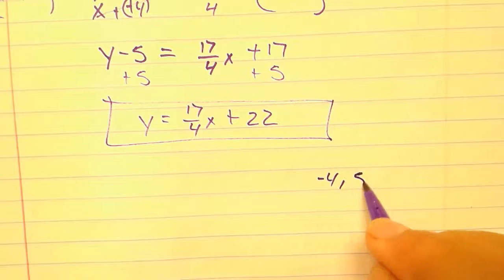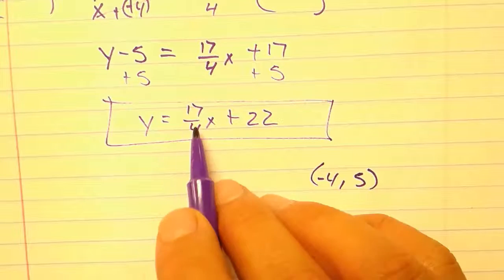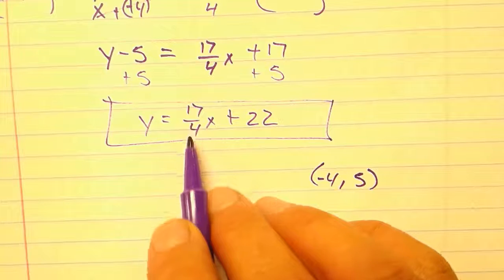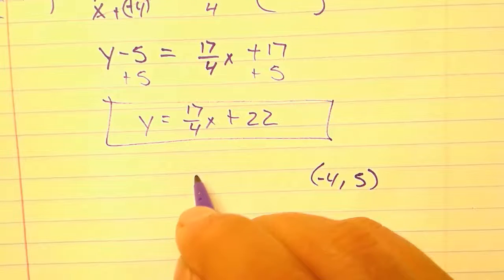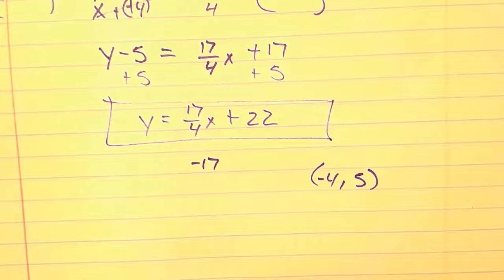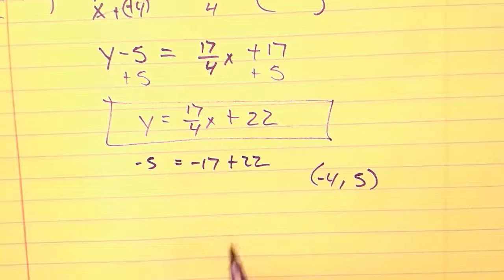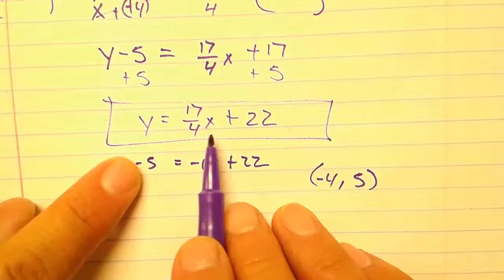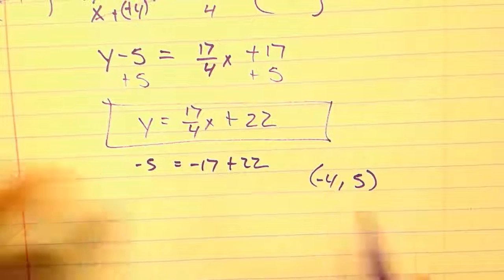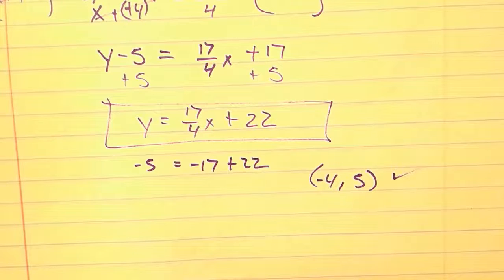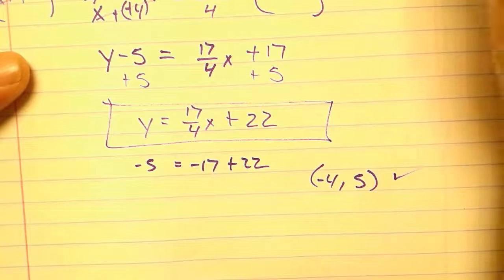Well, 17/4 times -4 will give me -17, plus 22 will give me 5. So 5 is my y when x is -4. That one checks.